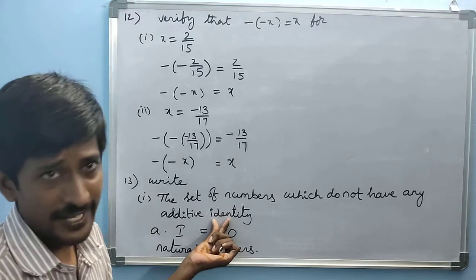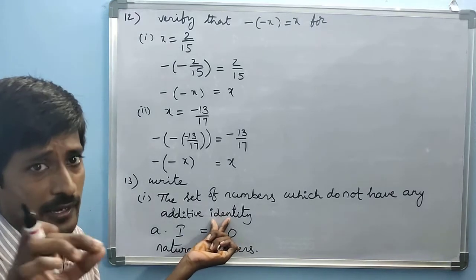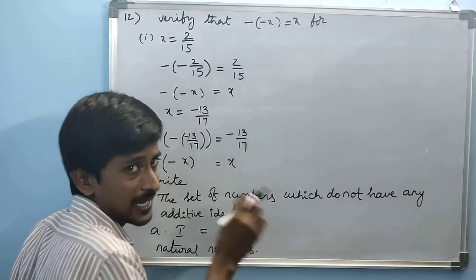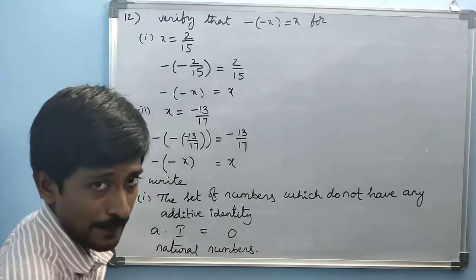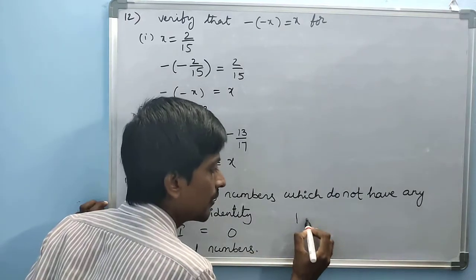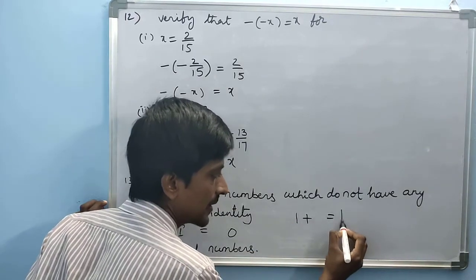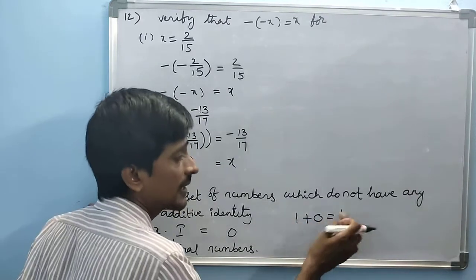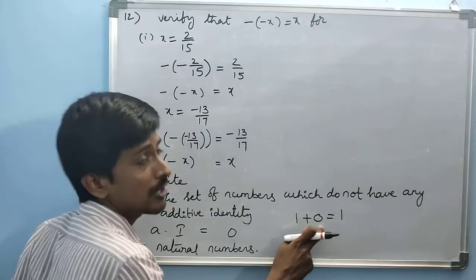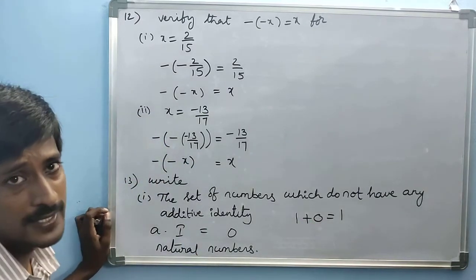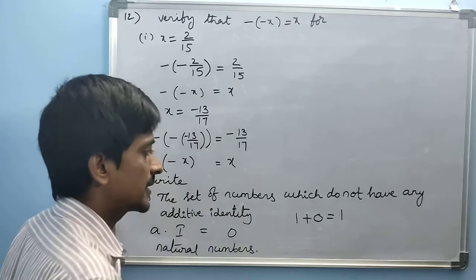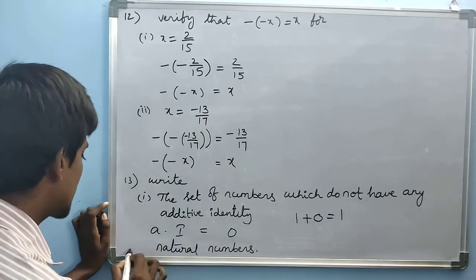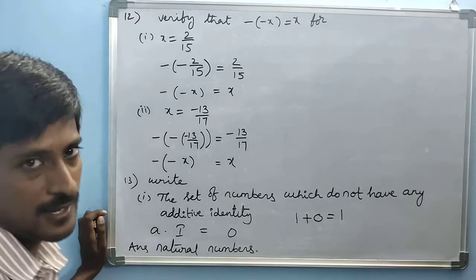Because additive identity means if you take any number, the number you add to that given number gives the same number. For example, 1 plus which number gives 1? 0. Any number plus 0 gives the same number. But natural numbers do not have 0. That's why natural numbers do not have any additive identity. So the answer is natural numbers.